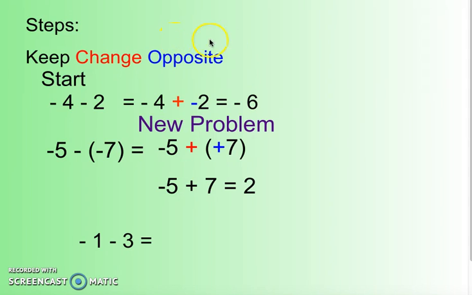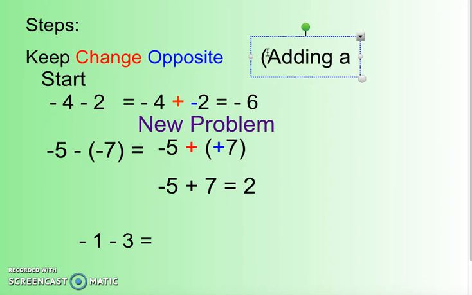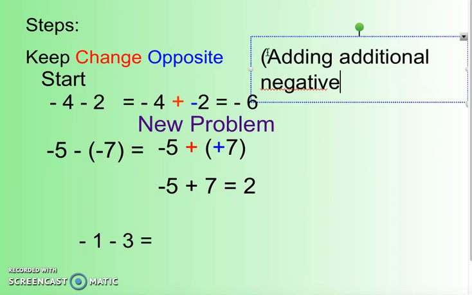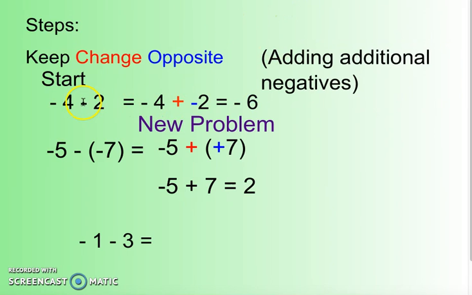The reason for that is because when we subtract, we truly are adding additional negatives. That's what we're doing every time. And so when I am adding additional negatives, I am really adding a negative 2. So like here, this is minus a positive 2.